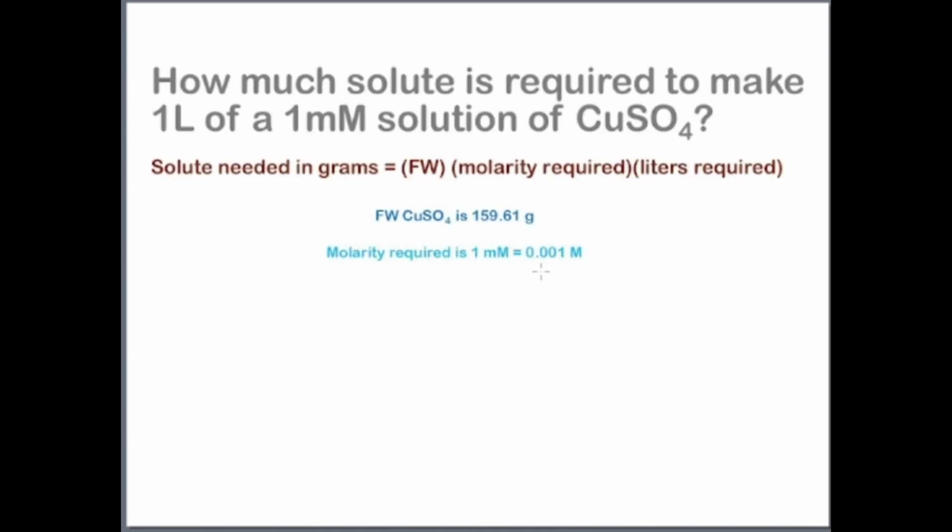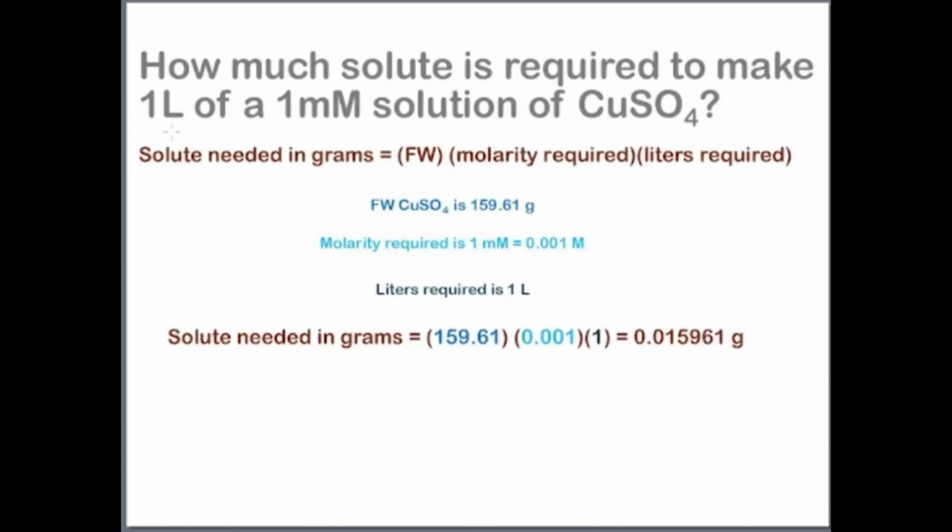That is 1 millimolar. But take a look: this says molarity required. It doesn't say millimolarity required. So we have to remember that 1 millimolar is 0.001 molar. So here we're going to put in 0.001 molar.